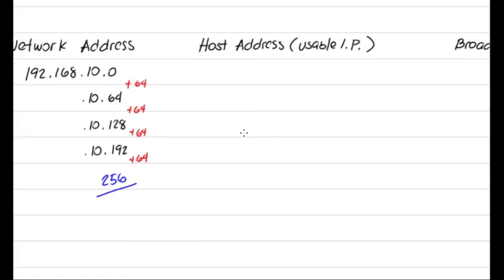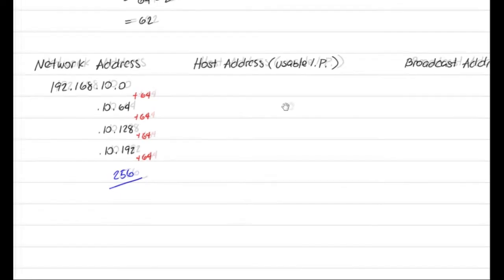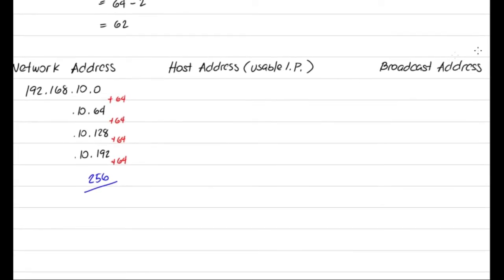Okay, the next one we will get is the broadcast address. So we will just copy our given, 192.168.10, and then we will subtract 1 from the second network address. So 64 minus 1 is 63. Next is 128 minus 1, it will be 127.